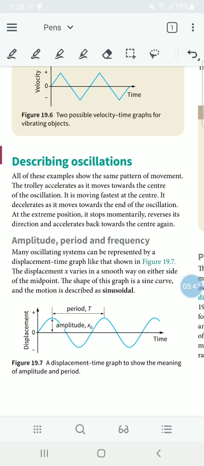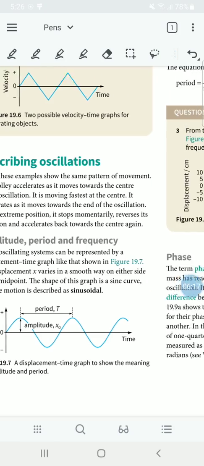Therefore, the motion is described as sinusoidal. The amplitude and the period along with the frequency can be illustrated as well as calculated using the graph.